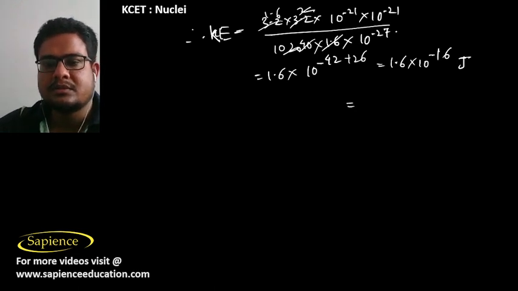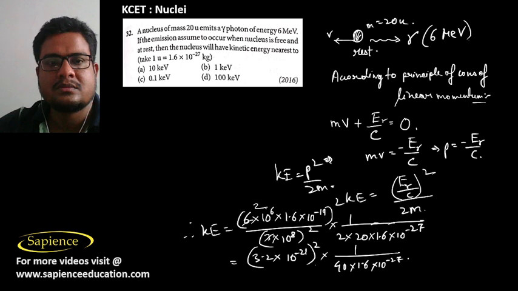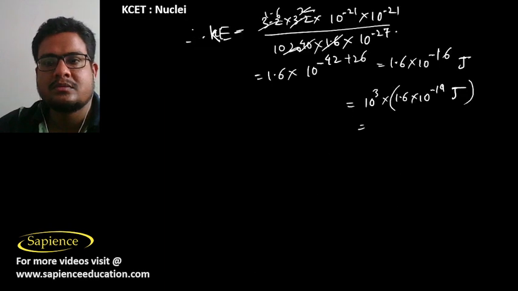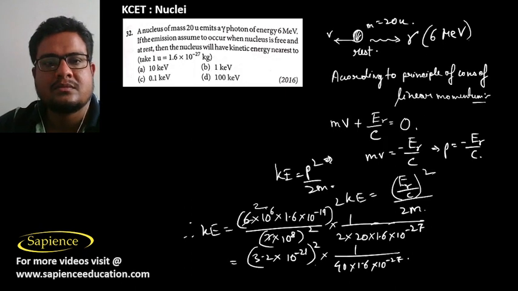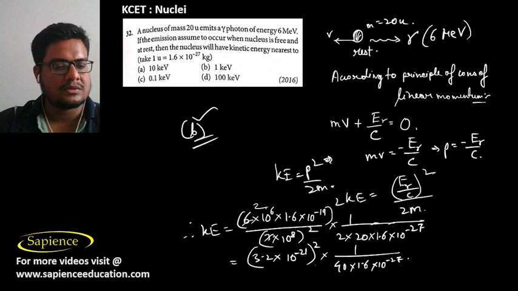This is 10 power 3 into 1.6, which is 10 power 3 electron volt. This is 1 kilo electron volt. Option B is the correct answer.